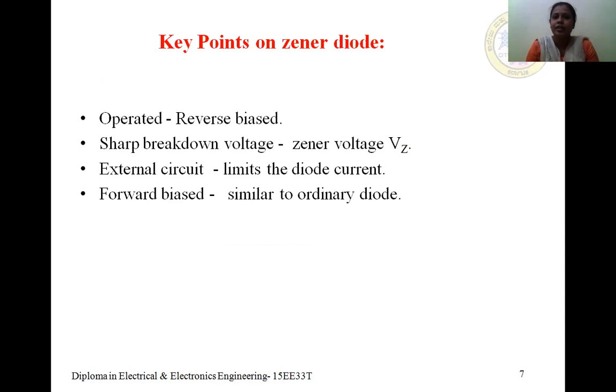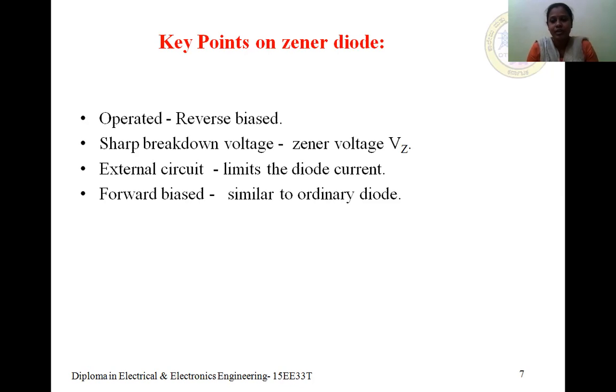Next, let me go through the key points on the Zener diode. In the last slides we studied the definition of a Zener diode and the VI characteristics of a Zener diode.